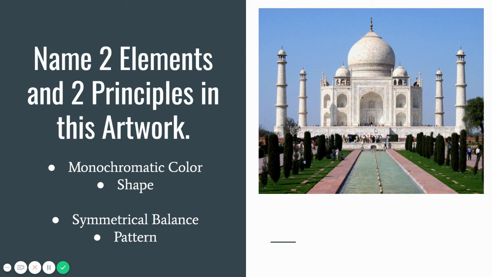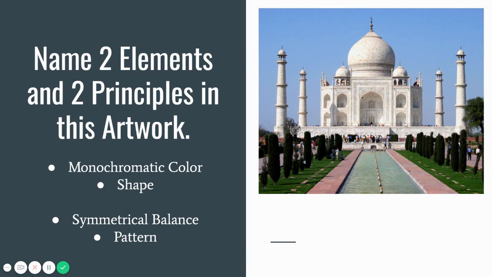It's monochromatic color. It's everything is white. It's one hue. And then I also chose shape because within the structure, we have these beautiful shapes that are quite a focal point within this design.